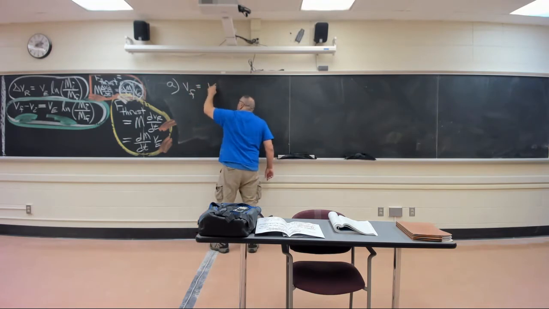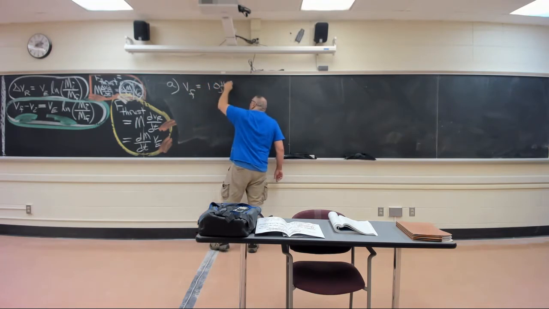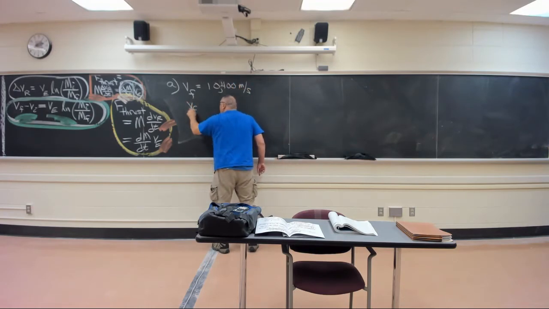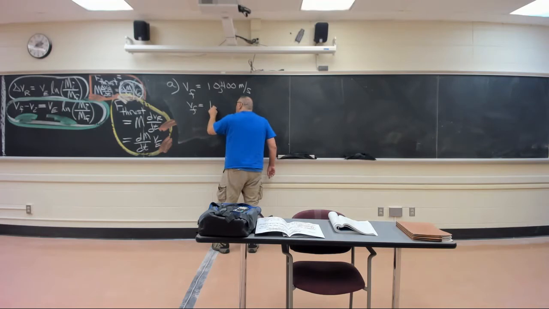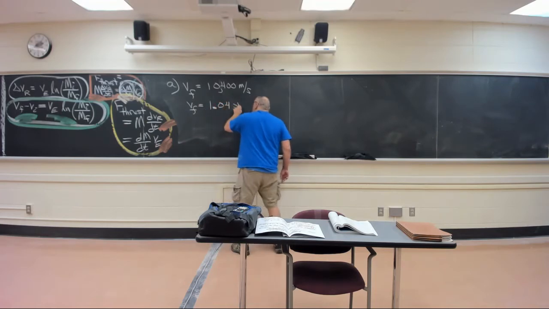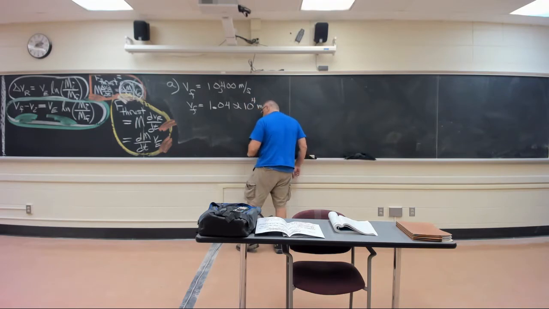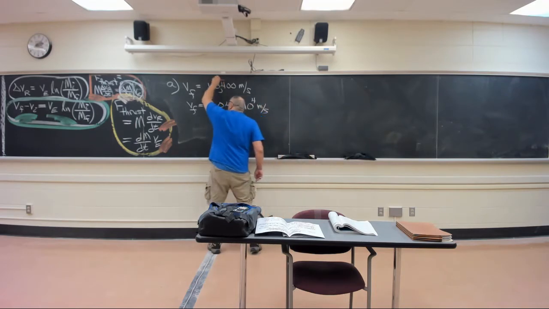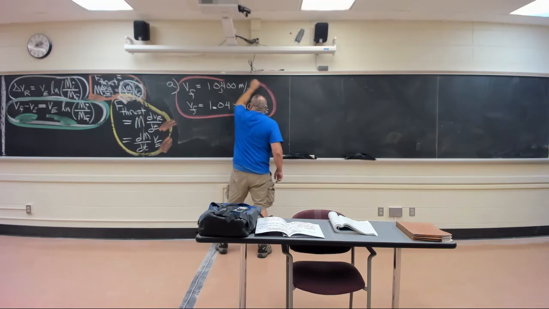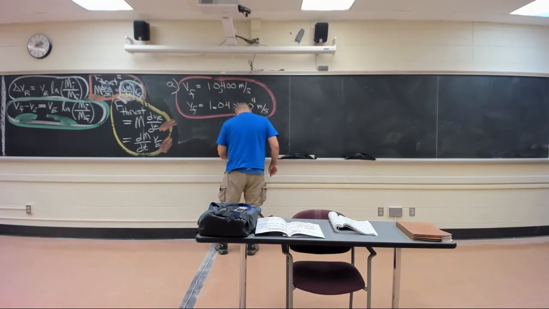The final was 10,400 meters per second. Depends how they ask you to give an answer, guys. That's kind of just where we got to watch out a little bit sometimes, right? We got this. So we know all this. One or the other's fine on this, guys. It looks good.